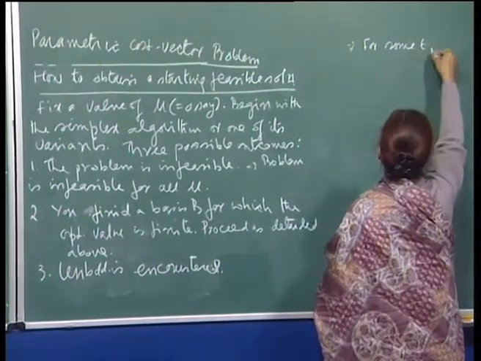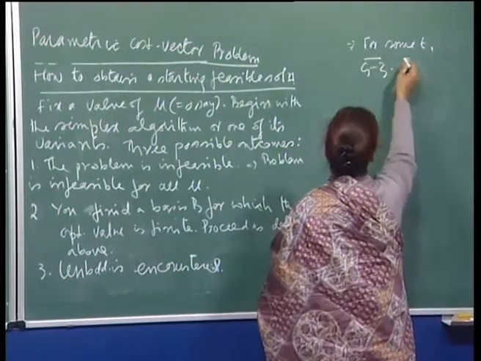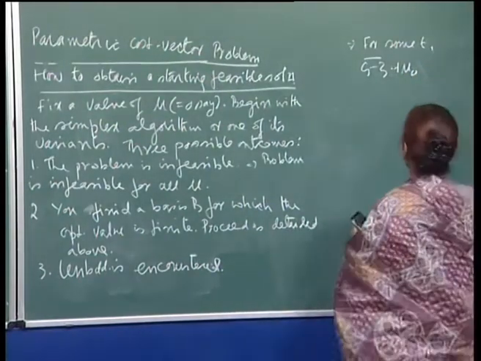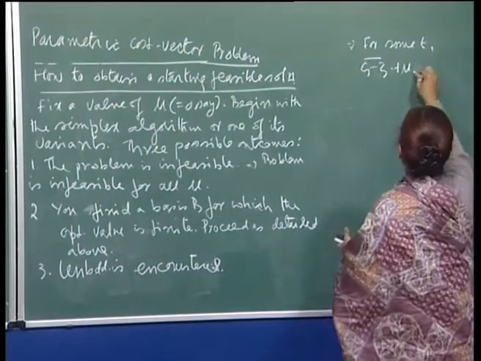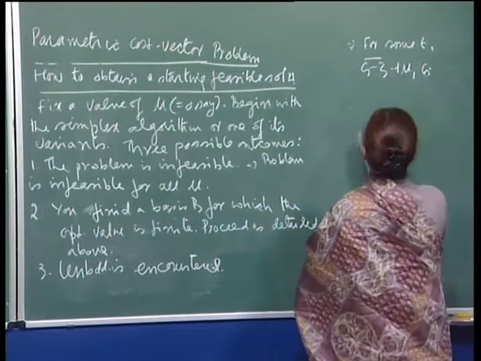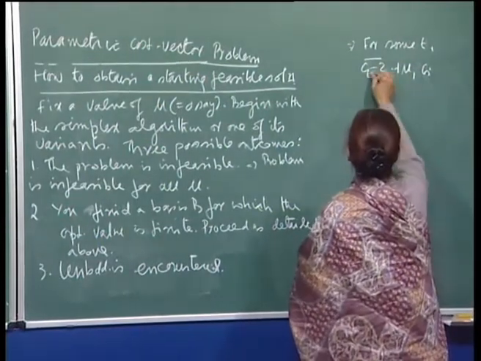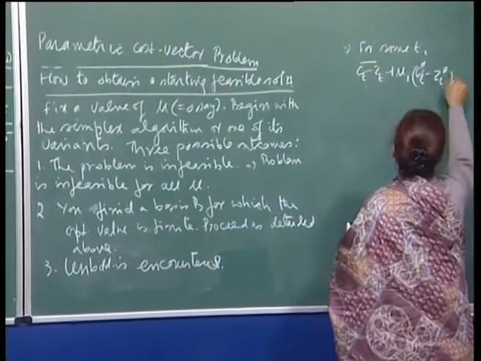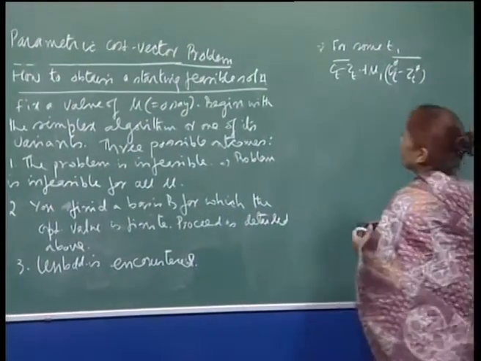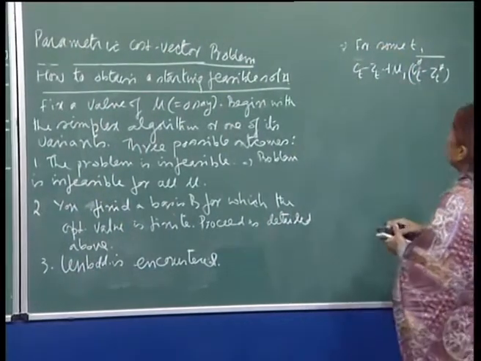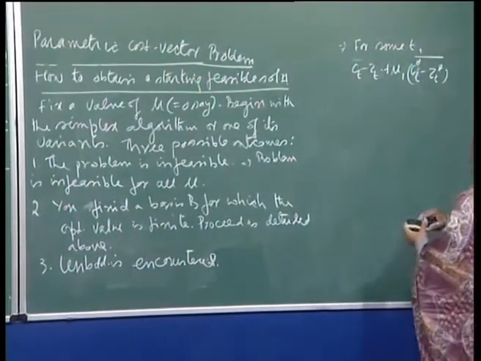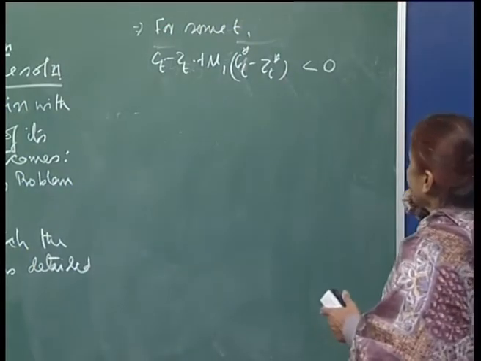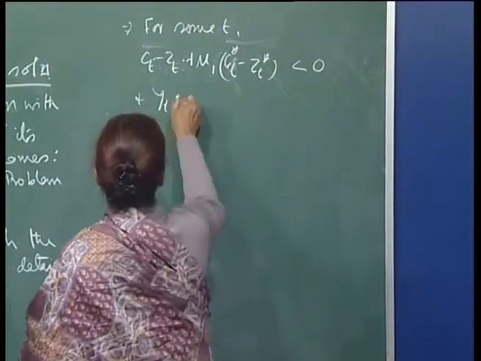This implies that for some t, your Ct minus Zt plus mu times Ct star minus Zt star is less than 0, and your Yt is less than or equal to 0.